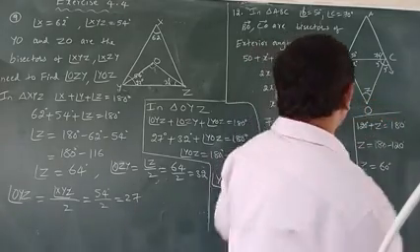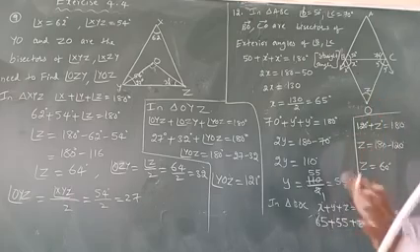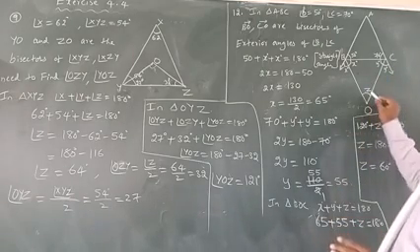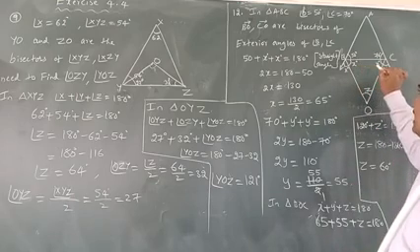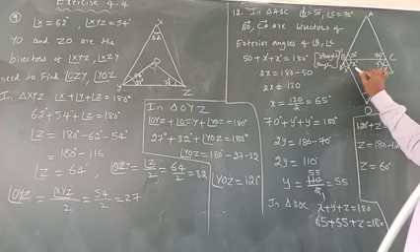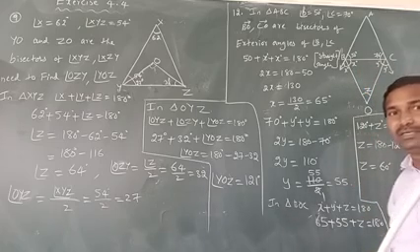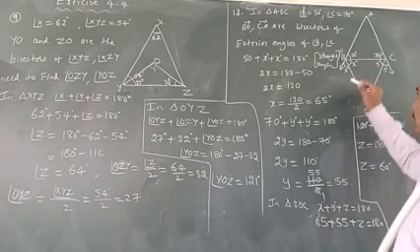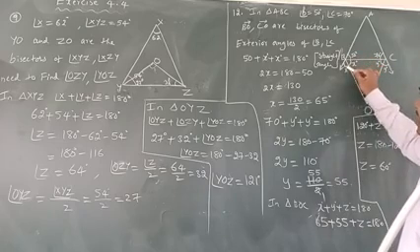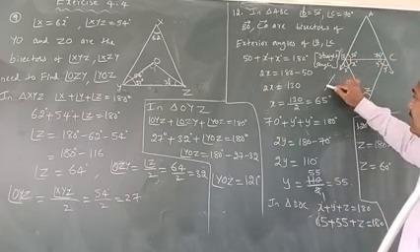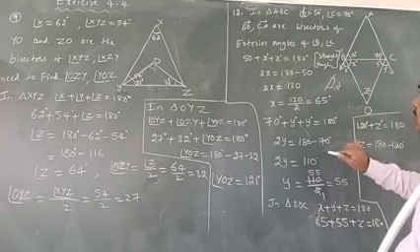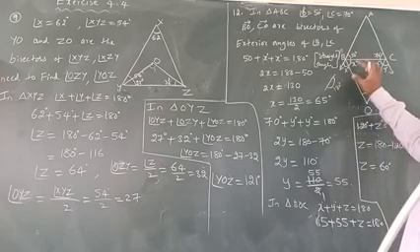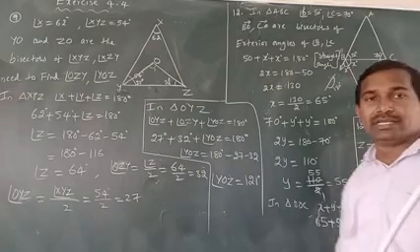To find angle Z, see students, first we have to find angle X and angle Y. How can you find angle X and angle Y? Think. If you observe these three angles, like this, this is the straight angle, 180 degrees. So you can get an idea. If you add these three angles, we must get 180 degrees.